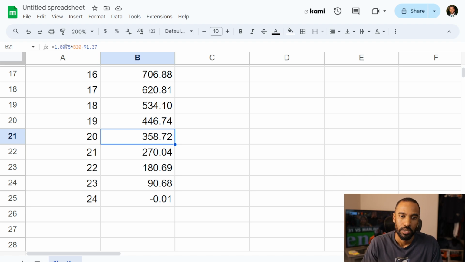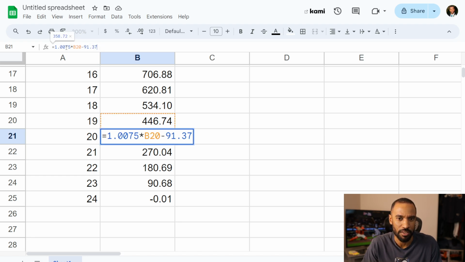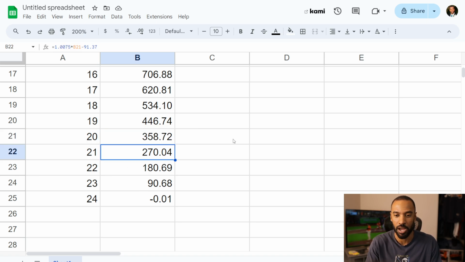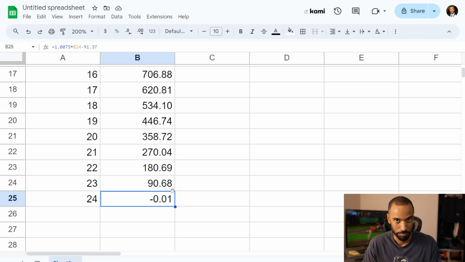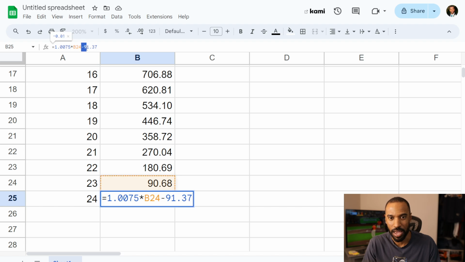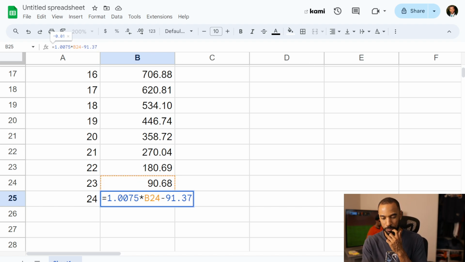This 0.75% of what we have and take away, and we pay $91.37. But if we owe, because we're doing this until our payment is fully paid off, so if the balance there is negative 1 cent, and we have to make the payment of $91.37, then we have to combine those together.